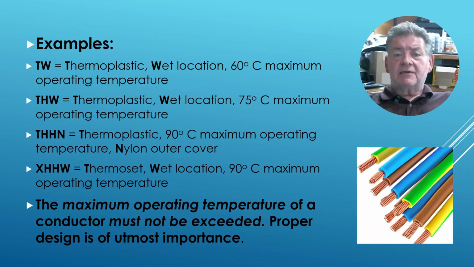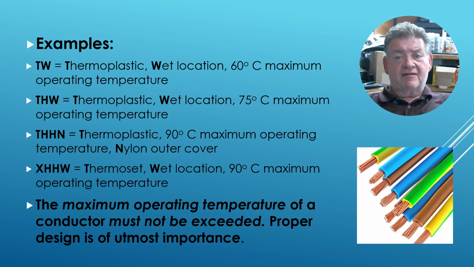One thing about THHN insulation, keeping in mind, THHN insulation is probably one of the most common insulations that we use these days. There's no W in that insulation designate, THHN. That means it cannot be installed in a wet location.